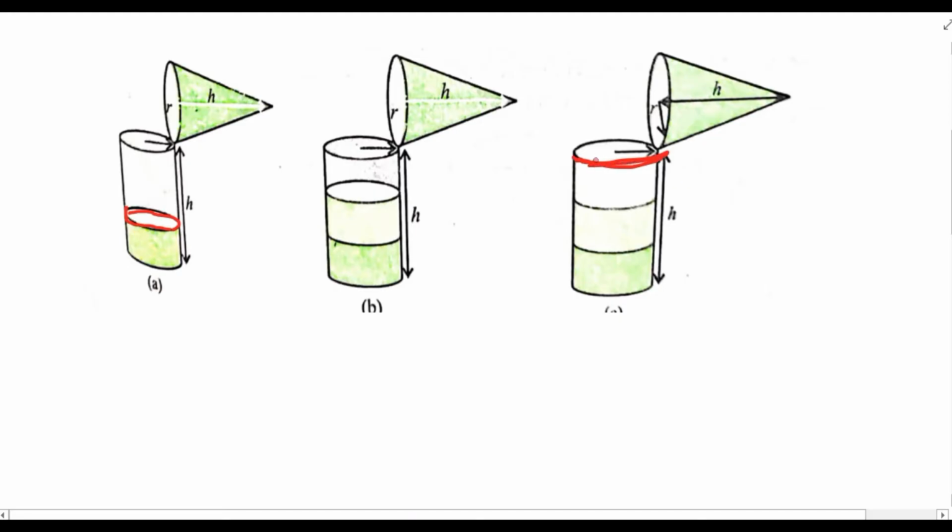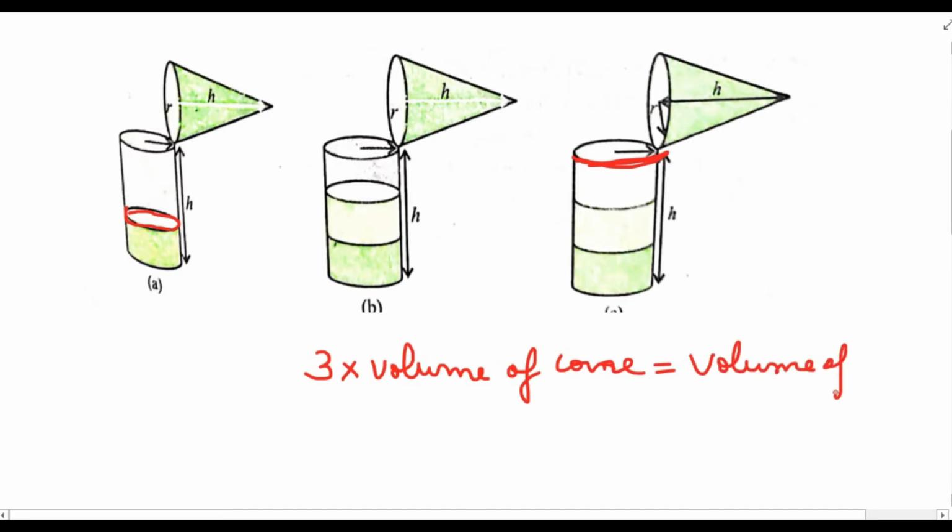So from this we can come to the conclusion that 3 times the volume of the cone makes up the volume of the cylinder, because it has taken 3 times to fill the cylinder.